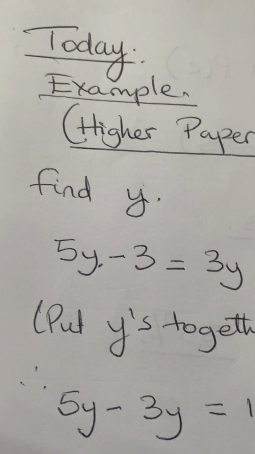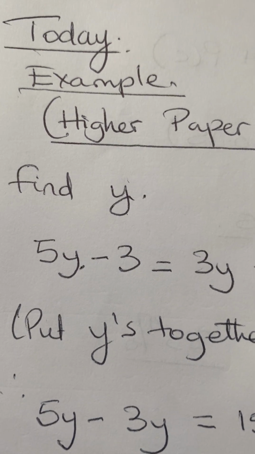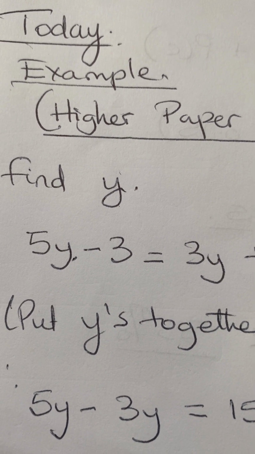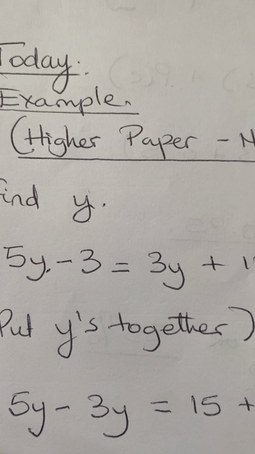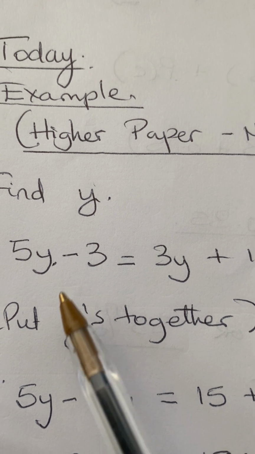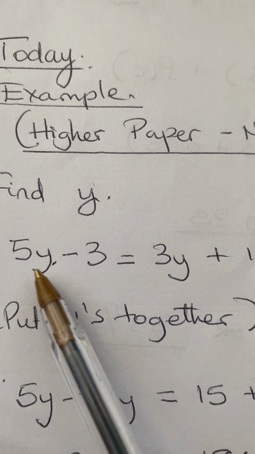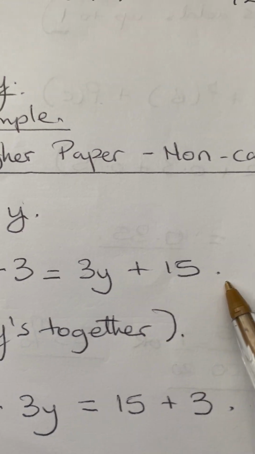But now this question, this paper, is still higher and no calculator. And I was surprised by the question I saw, because this is fairly easy. Find y. 5y minus 3 equals 3y plus 15.